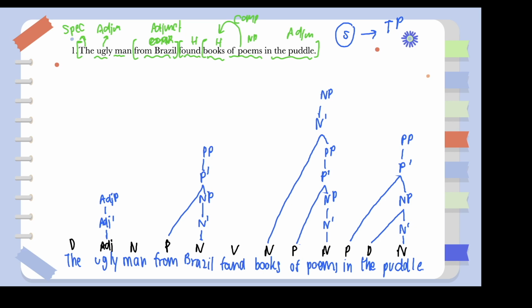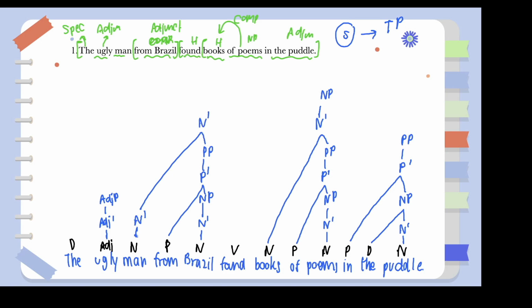And in this NP, next we have a look at N here. So we have N bar here. Okay, and this N bar attaches with man from Brazil, so we have another N bar here.